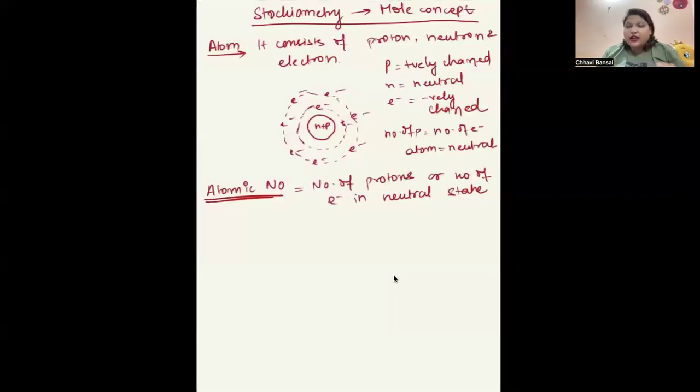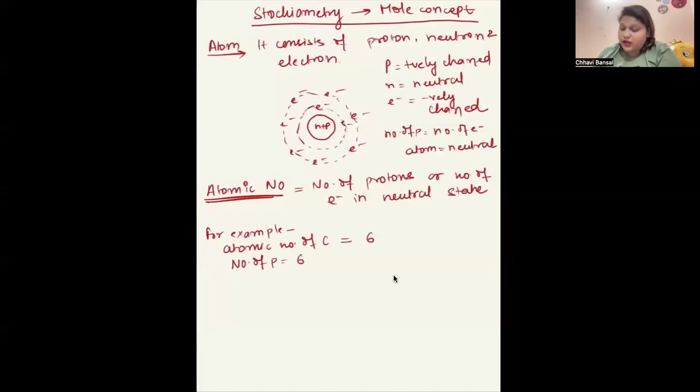Now, ideally, an atom in its basic state is a neutral atom. Fine. So, in that case, whatever the number of protons or the number of electrons present will give the atomic number. Fine. For example, the atomic number of carbon is 6. So, can I write the number of protons in carbon is 6, right?